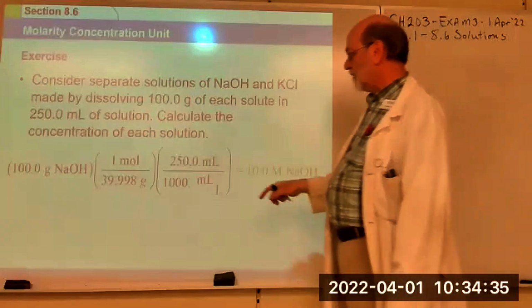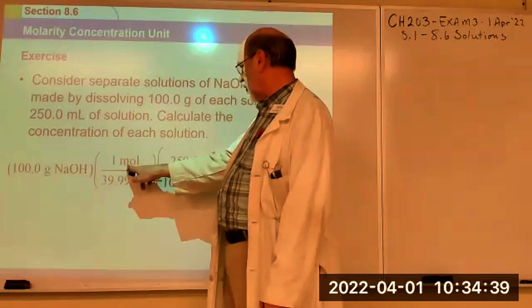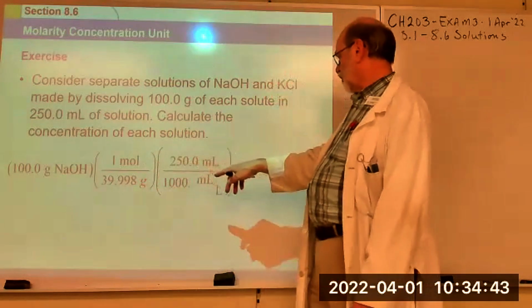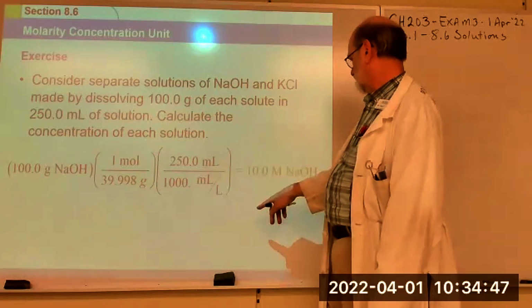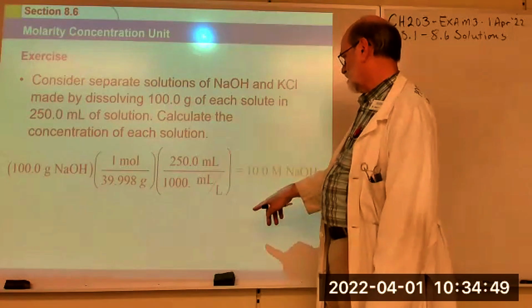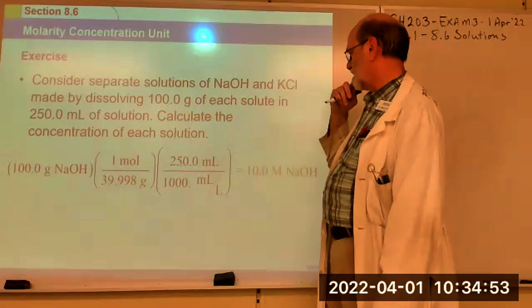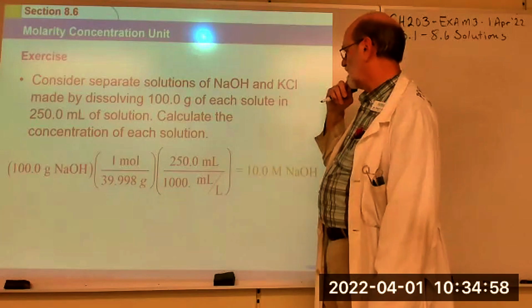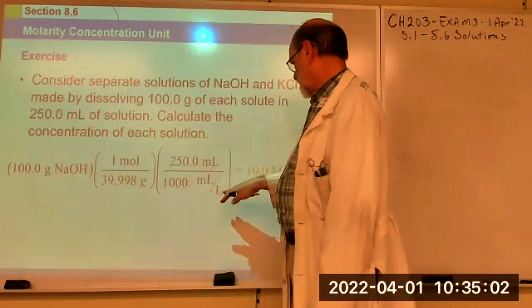Sodium hydroxide. Here's the molar mass of sodium hydroxide. So we convert that to number of moles. And then we have moles divided by liters. Let's see. That's not right. You divide by the number of liters.